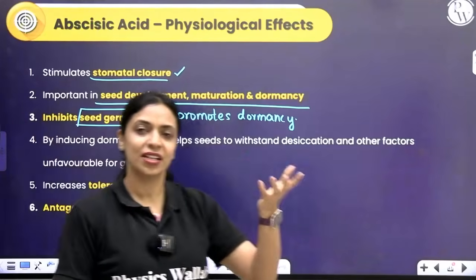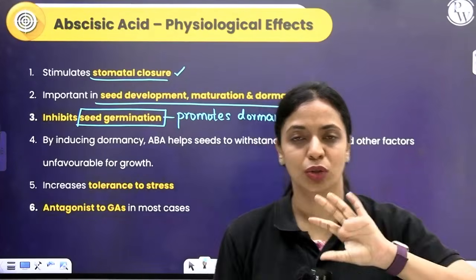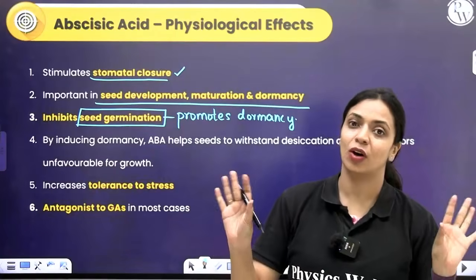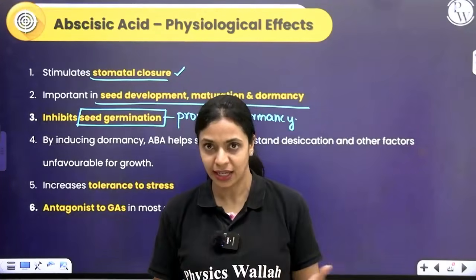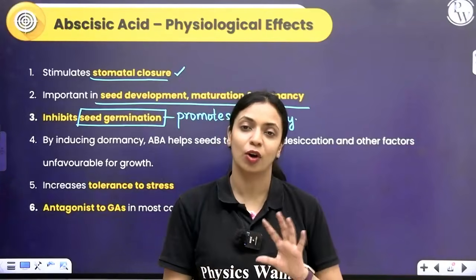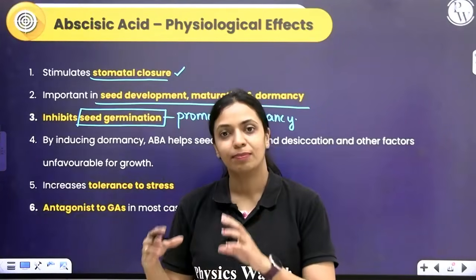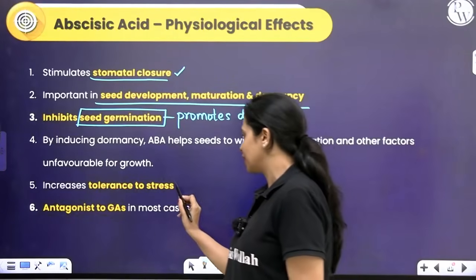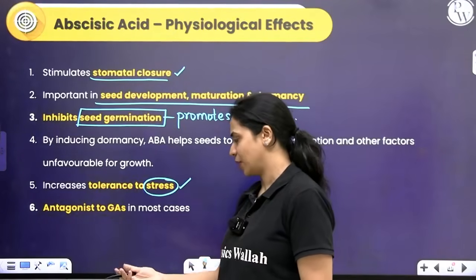Because if there is very little water available or too dry conditions, whatever water is there in the seed could also be lost. The seed could get desiccated and become non-viable. It cannot germinate at all. In order to prevent that, it will make it dormant. Basically, it increases tolerance to stress that I mentioned.